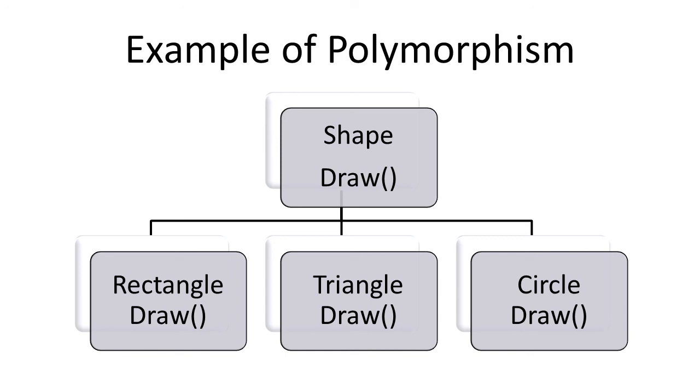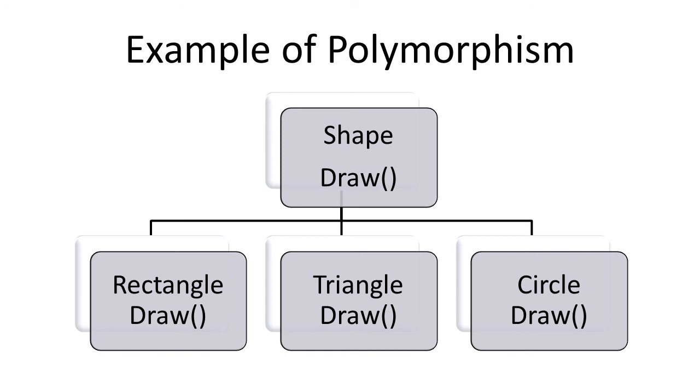There is a different method to draw a rectangle. Obviously, a rectangle has 4 sides, a triangle has 3 sides. So a draw function behaves in a different way when used with a rectangle class. A draw function behaves in a different way when used with a circle class, or with a triangle class, which is called polymorphism.